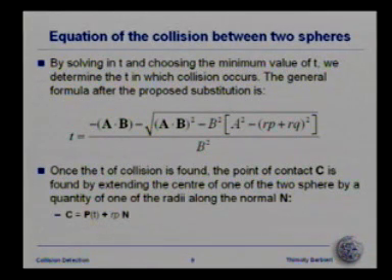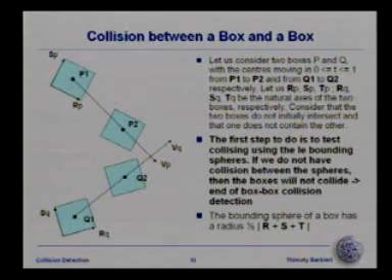If this kind of check is negative, that is, you don't have roots, then you may safely assume that you will not have a box-box collision. If you do not have collision between the spheres, then the boxes will not collide. End of box-box collision detection.